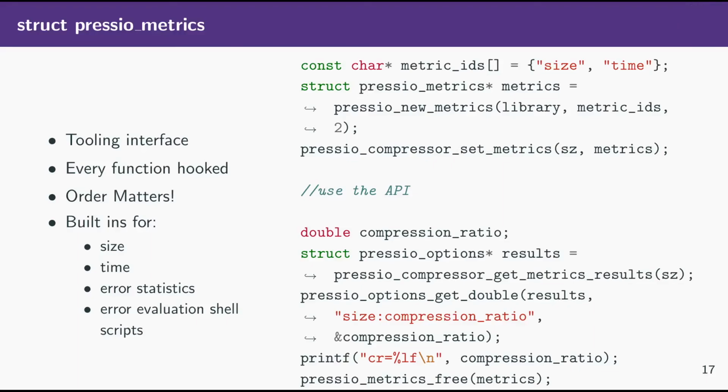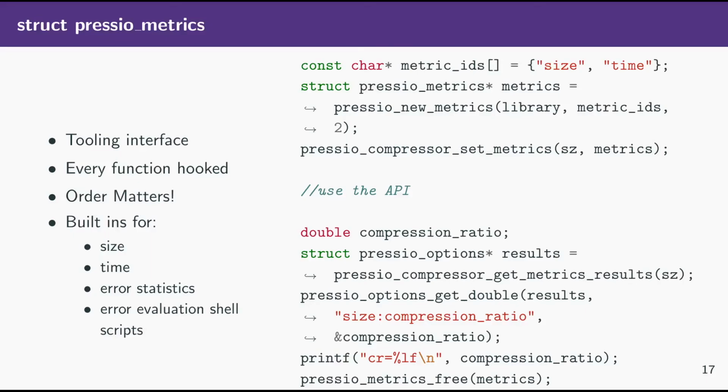I told you I'd very briefly talk about the tooling interface. So here we're getting the compression ratio as well as some timing statistics. We do that by specifying the size and the time modules there in the metric IDs. We then get references to those modules in a way that LibPressio can use them, and we configure our compressor to use those metrics.